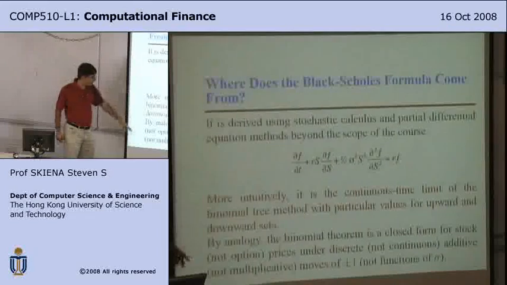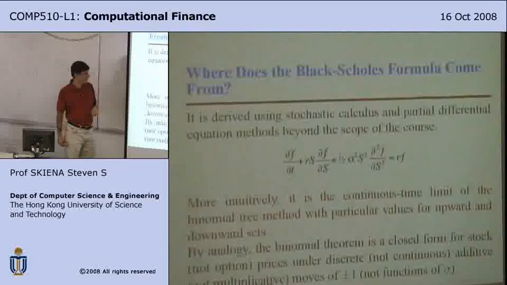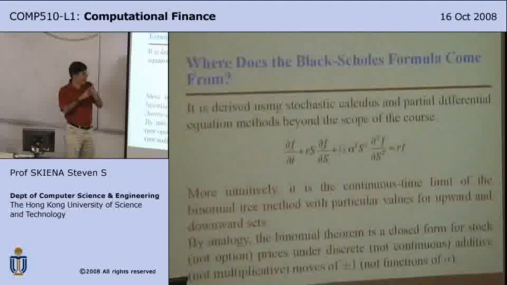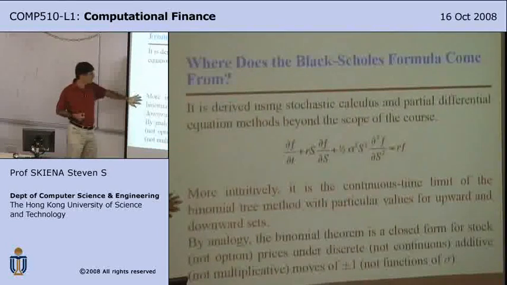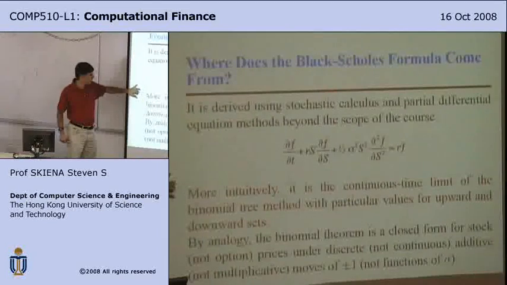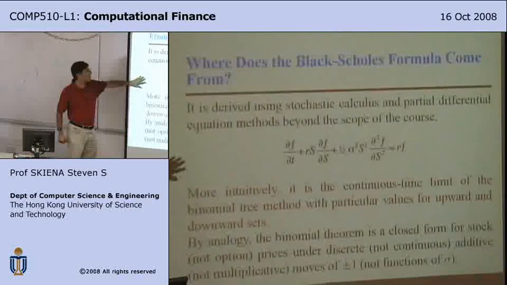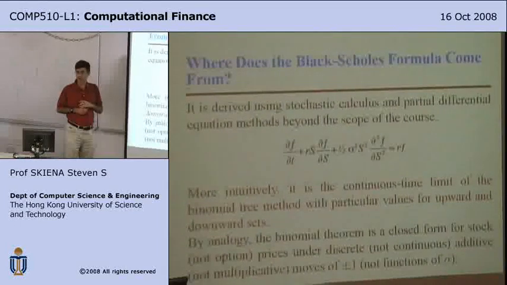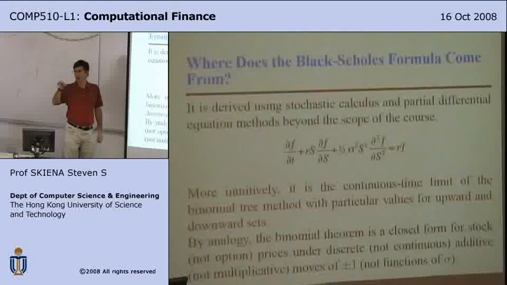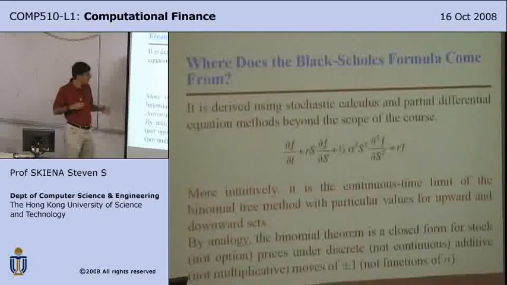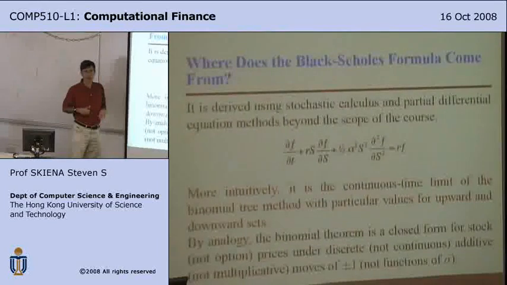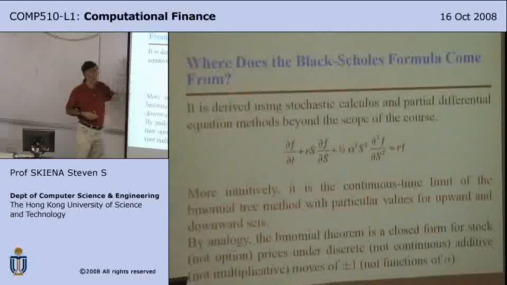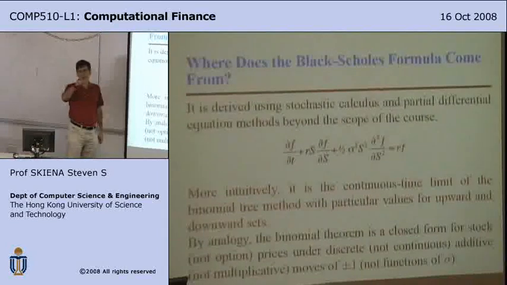For an additive, not multiplicative, sequence of moves of up one or down one at each step, versus the ones that we're going to use in specifying the upward and downward moves assumed by Black-Scholes. Okay? Any questions about it? So one argument is that if you can sort of believe that an equation pops up out of this thing, somehow I can assume that an equation pops out of this thing, if you know how to do the math. Any questions?